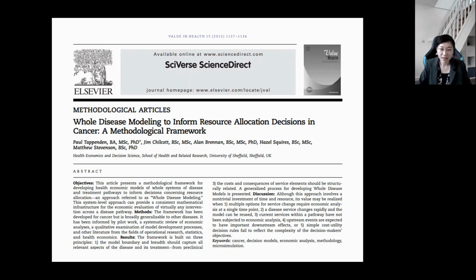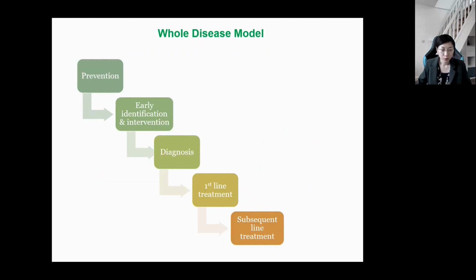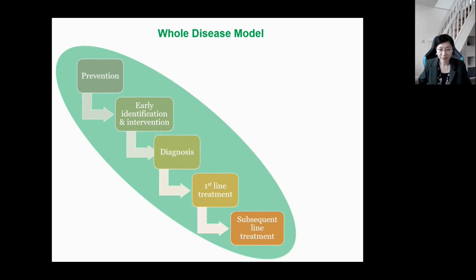So during the last year, while I was working on the NICE clinical guideline, I saw a paper about a methodological framework of whole disease modeling, written by Professor Paul Tappenden and his colleagues from University of Sheffield. To put it in a simple way, a whole disease model is a big model which covers the entire care pathway of a given disease within one single model.